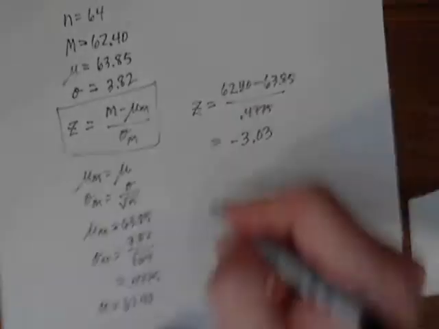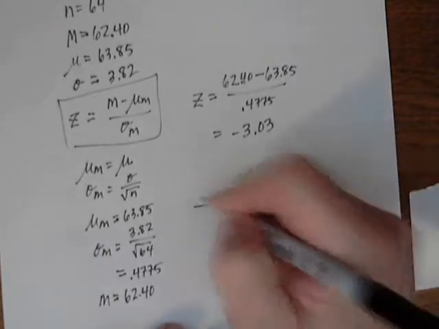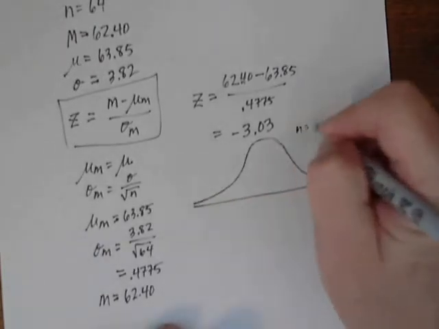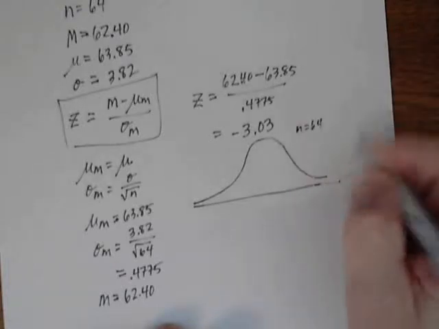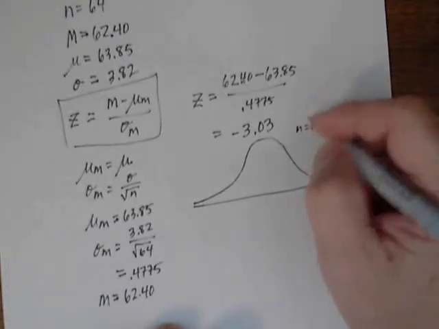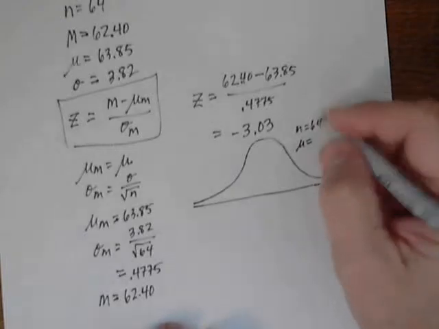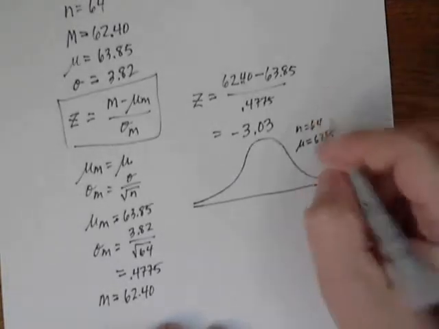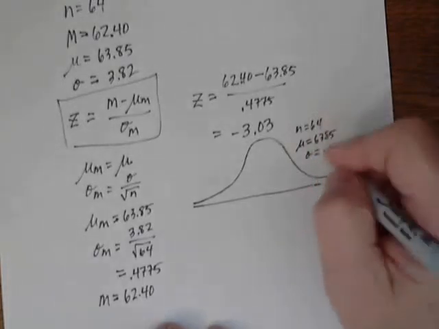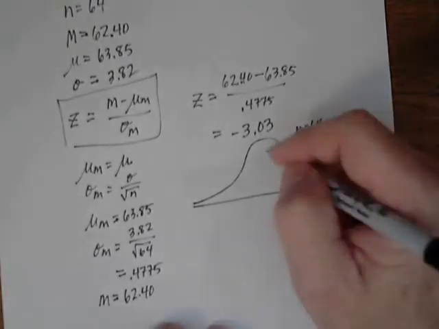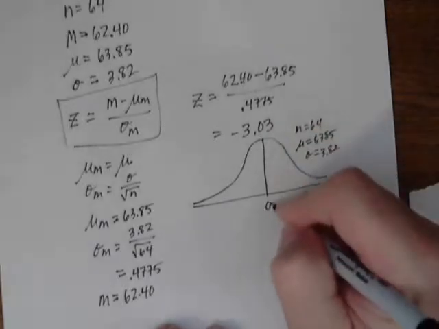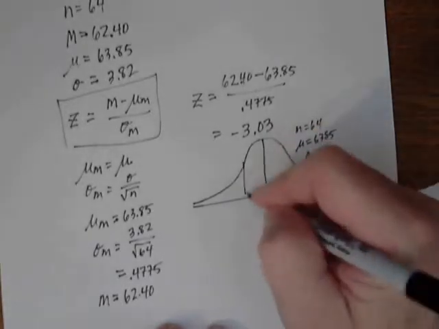What does that mean? What that means is we know that under the condition of selecting 64 observations with a mean of 63.85 and a standard deviation of 3.82, that means will be normally distributed around 0 if we do a z transformation.